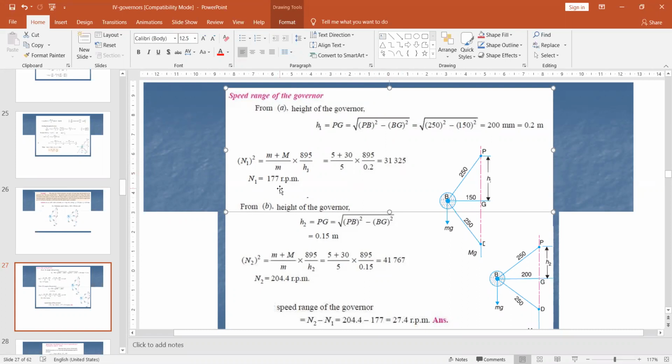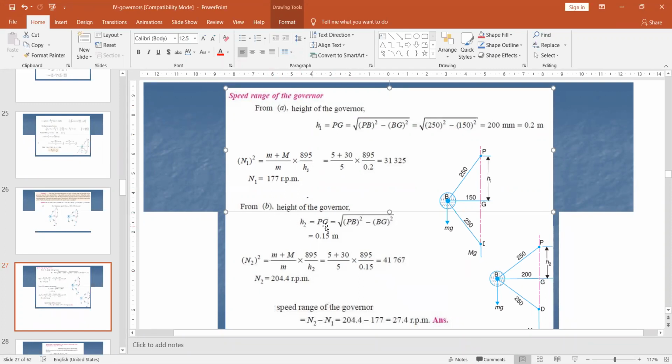When we make the calculation, we get N1 equals 177 RPM.